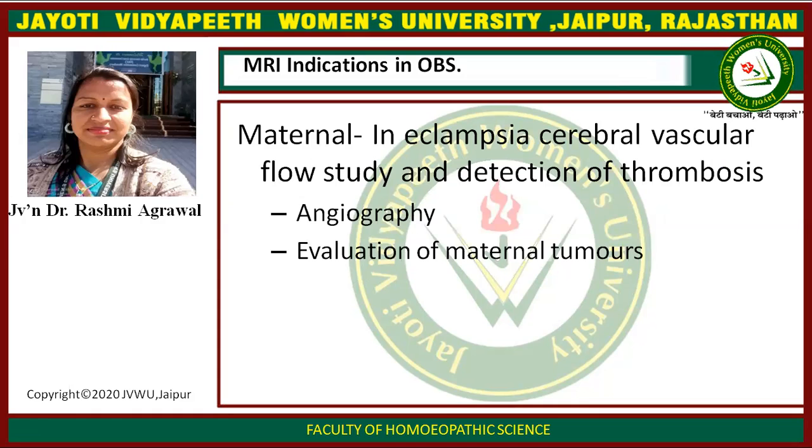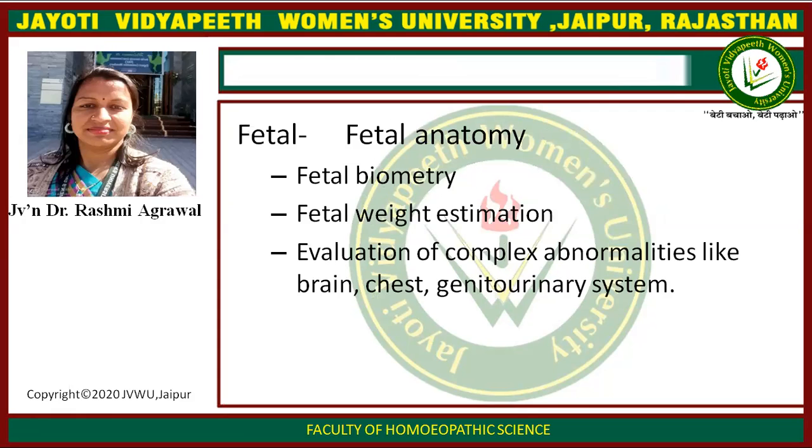Maternal uses: in eclampsia, cerebral vascular flow study, and detection of thrombosis, in which angiography, and maternal tumors are detected. In fetal anatomy, fetal biometry, fetal weight estimation, and evaluation of complex abnormalities like brain, chest, and genitourinary system are detected.